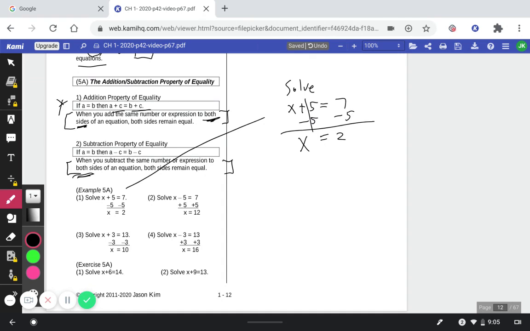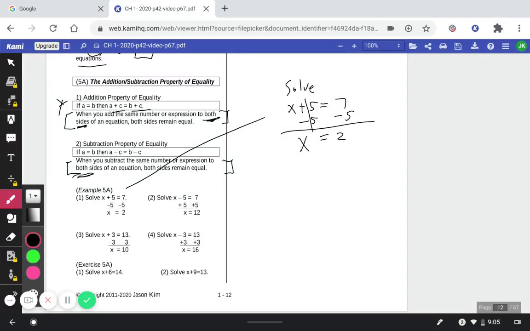So solving an equation means rearranging it in such a way that x is alone on the left side of the equal sign and everything else is on the right side. In this case, by doing minus 5 on both sides, the left side becomes x alone and the right side becomes 2. So the solution for x is 2.